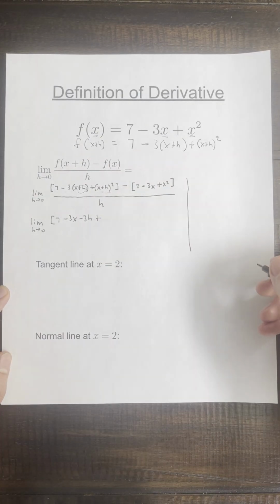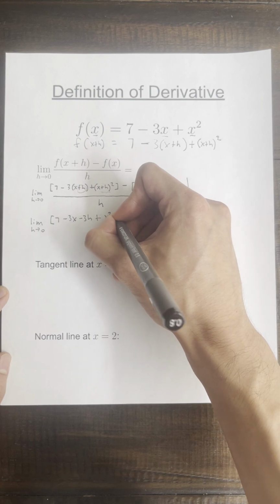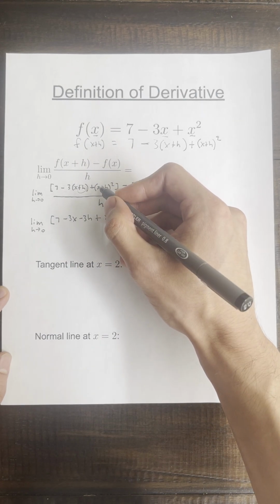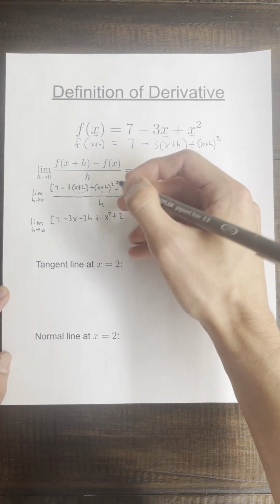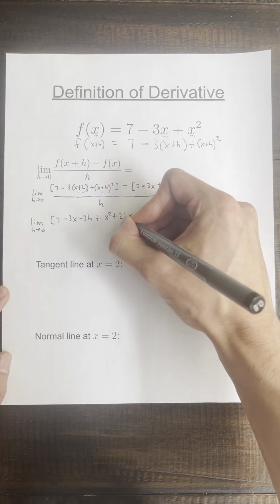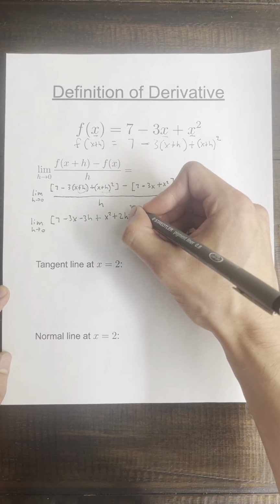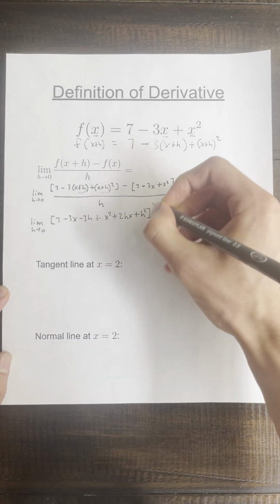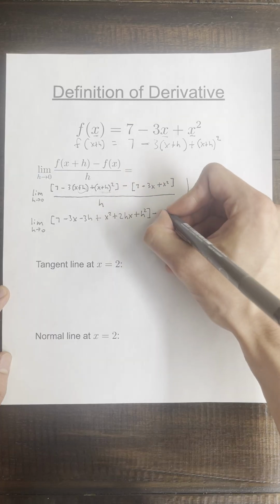This is going to simplify as x squared plus 2 times x times h. I'm going to do 2hx because I like to leave things alphabetical. And then, all right, plus h squared. Okay. And then I'm just going to copy the rest of this.